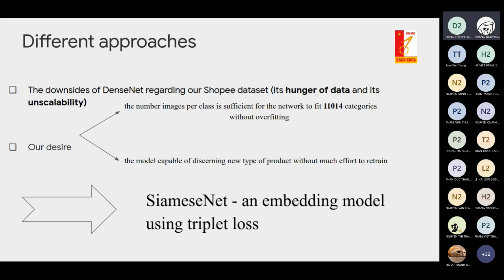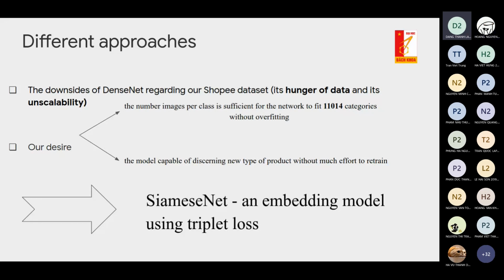So we want the number of images per class to be sufficient for 11,000 categories without overfitting. And we also want the model to be capable of discerning new types of product without much effort to retrain. So for this reason, and plus the fact that our SOP dataset lacks data, we propose a second approach.